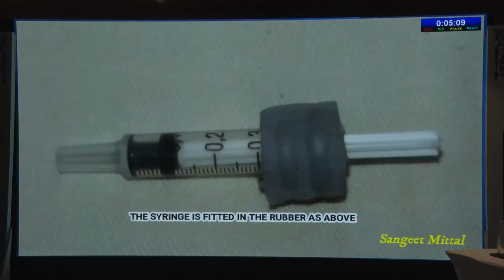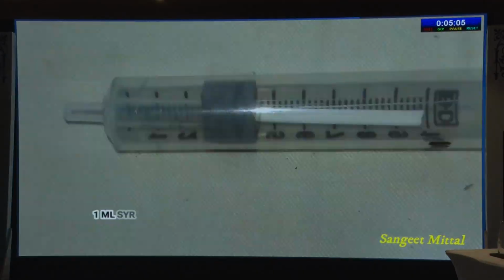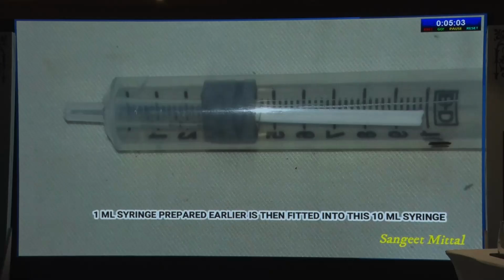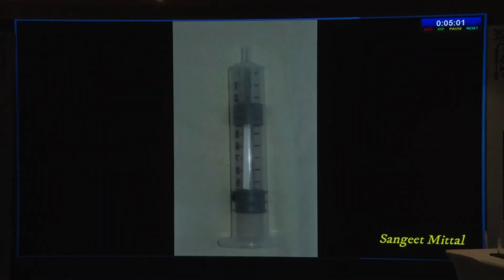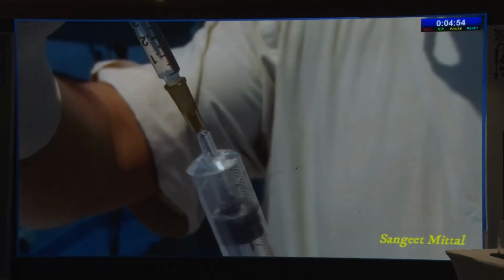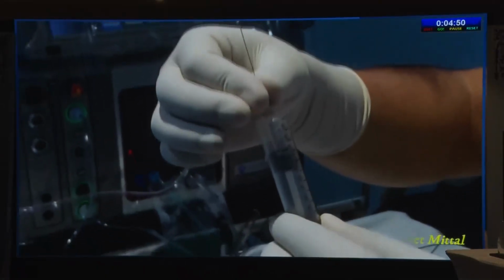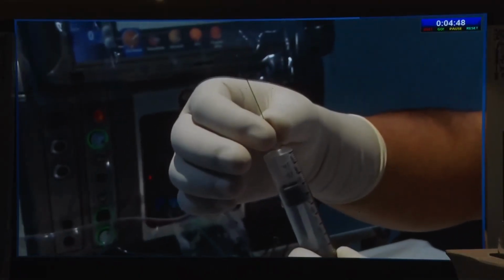The cut tuberculin syringe is then fitted into the rubber. A hole is then drilled in the 10 milliliter syringe and its hub is removed. The tuberculin syringe prepared earlier is then fitted in this 10 ml syringe as shown. This apparatus is then connected to the VFI system on the vitrectomy machine. The drug is filled into the syringe from the top and the microcannula is connected. The speed of the injection can be foot controlled.